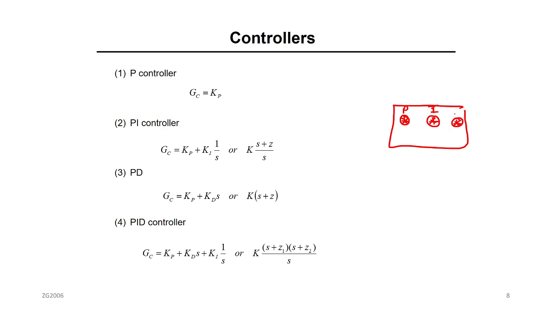Okay, derivative, we call it differentiator. So this one has a KP, and this one has a different KI, and this one has a different gain KD. This is in the lab. So in the lab, you can use either the proportional controller alone, or you can add an integrator, we call it PI, which has a separate gain.